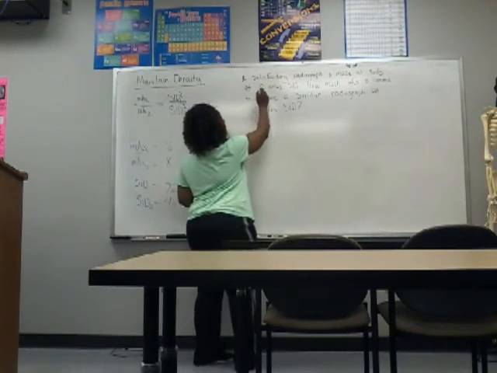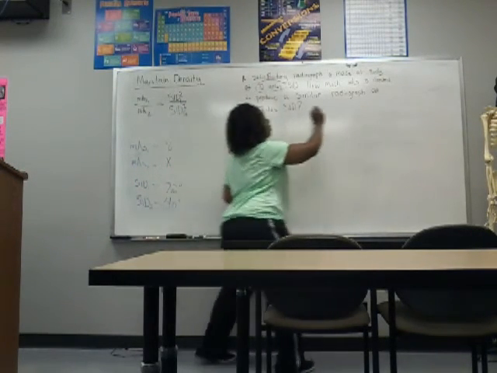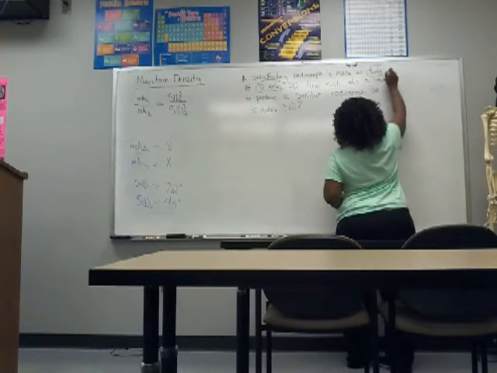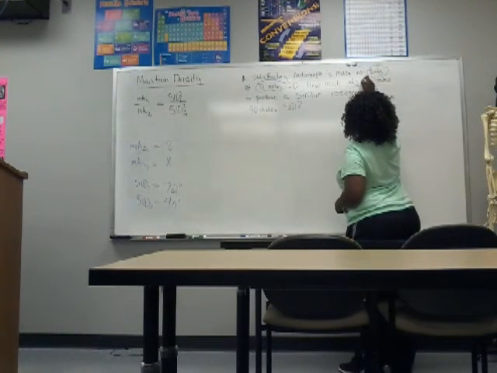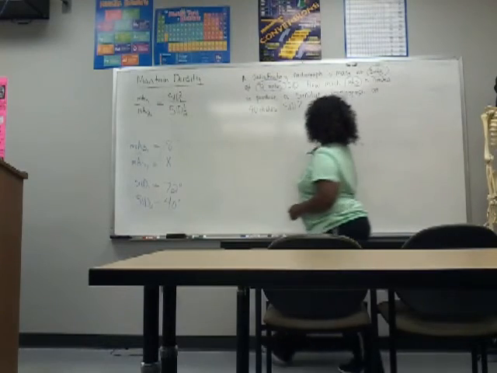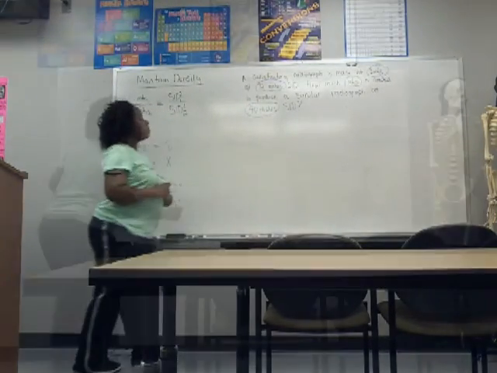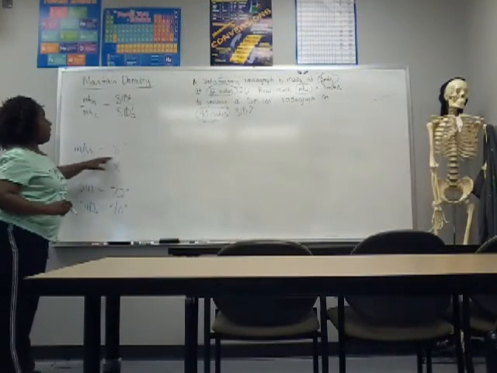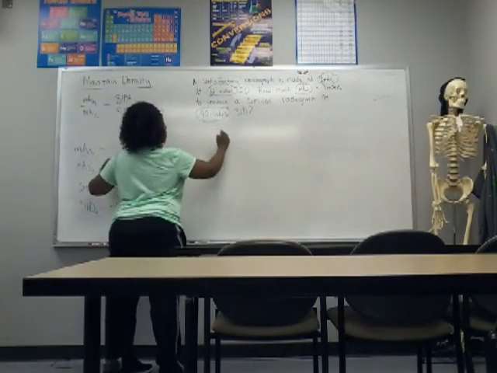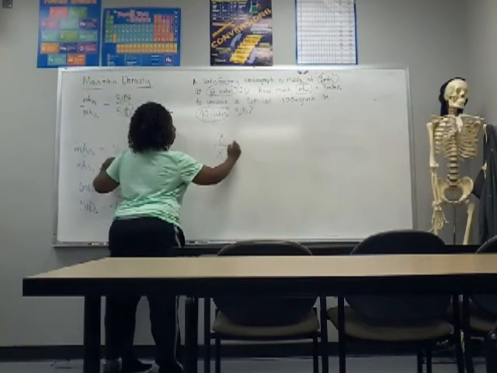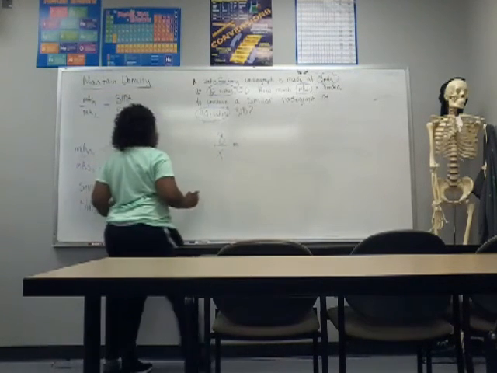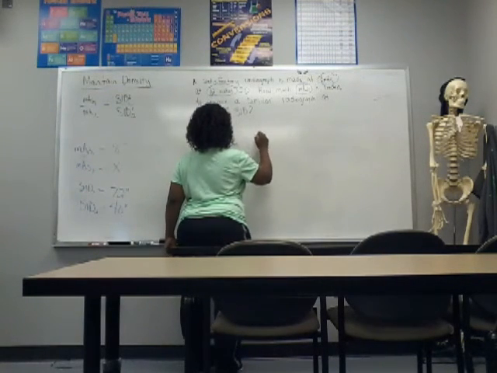Here's the numbers that I'm getting. The first mass is 8. The second mass, we don't know. Our first distance is 72.